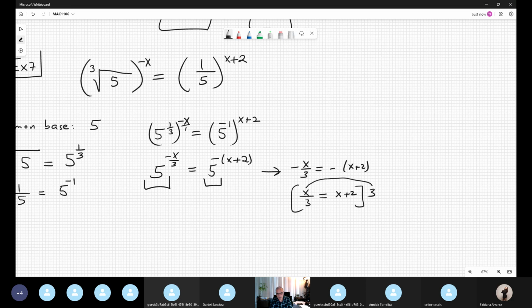You multiply by 3, it's just x is equal to this, and this is 3x plus 6. Okay, now ready. x minus 3x equals 6, positive, subtraction is minus 2x equals 6, divided by negative 2 both sides. Let's continue here. x is equal to minus 3. And it's my answer.